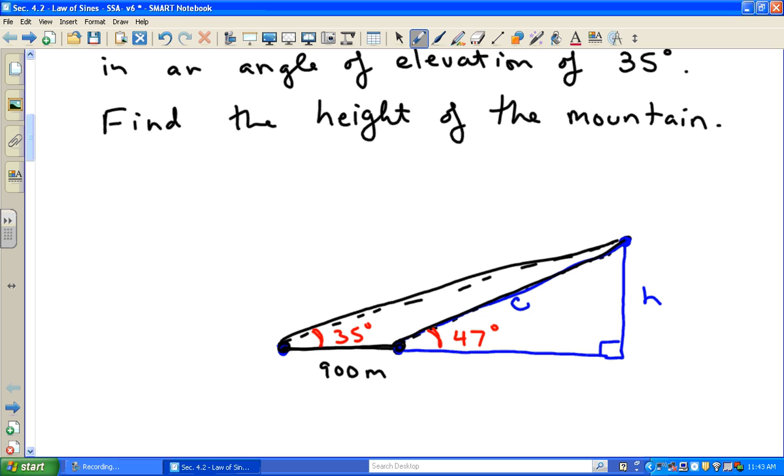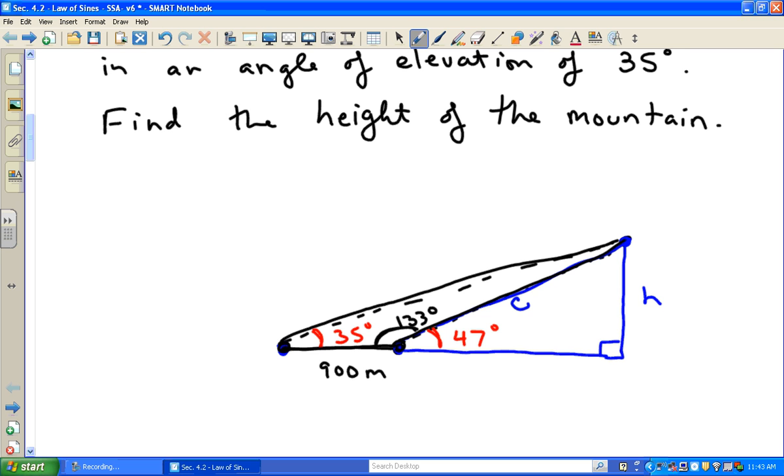In that obtuse triangle, we can figure out the other angles. This angle in here, I can compute because I know the angle just to its right, 47 degrees. To compute that angle on the other side, I take 180 degrees and subtract 47. That results in 133 degrees.